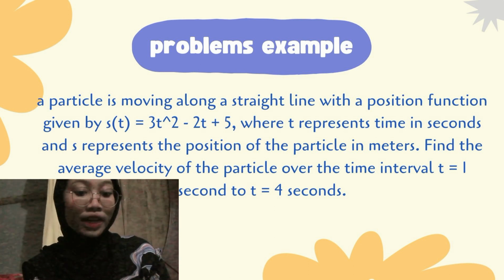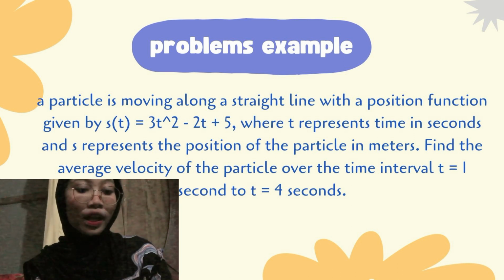We will find the average velocity of the particle over the time interval t equals 1 second to t equals 4 seconds.